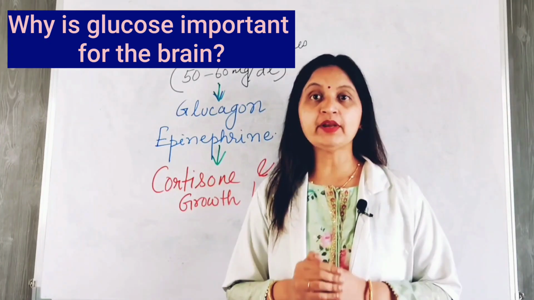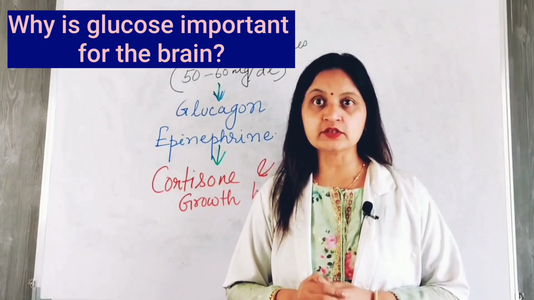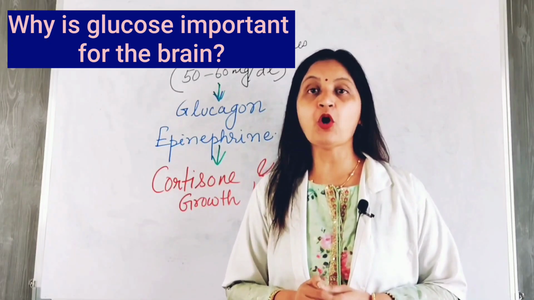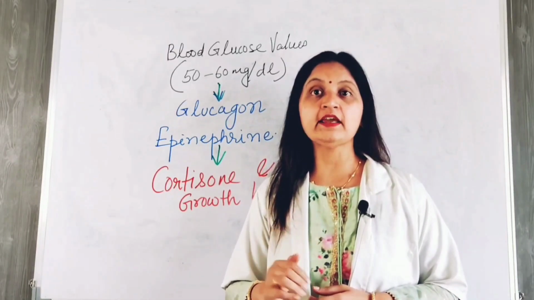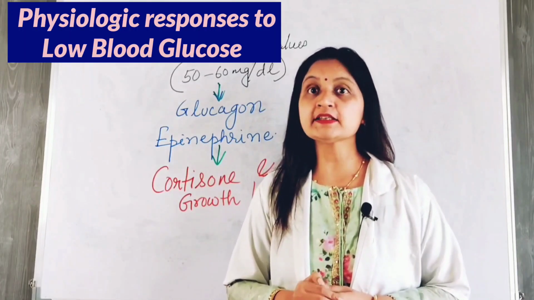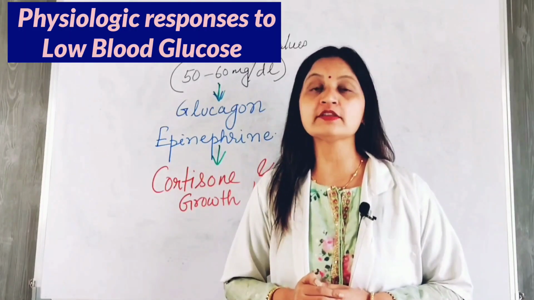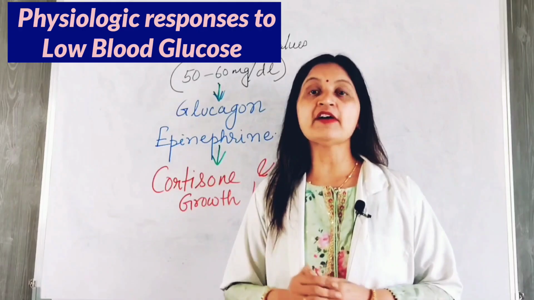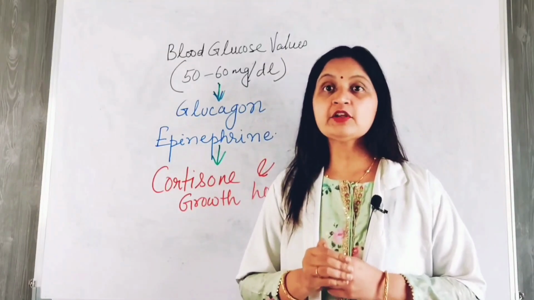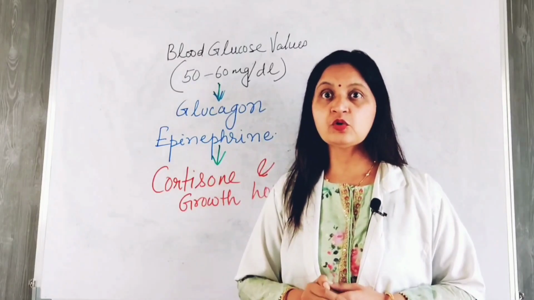As we know, the brain's function depends on glucose, and because the brain cannot synthesize and store glucose, it is dependent on a constant exogenous supply via the brain's blood supply. So, there are various feedback mechanisms that restore the plasma glucose concentration to normal and serve as protective mechanisms against hypoglycemia. So, what are the physiological responses to low blood glucose level?